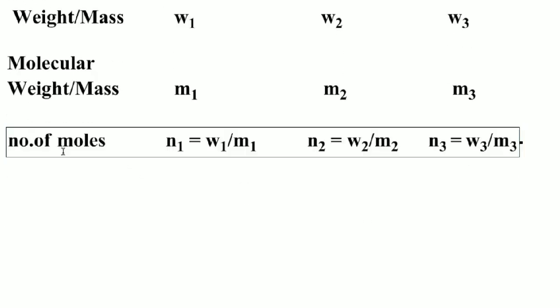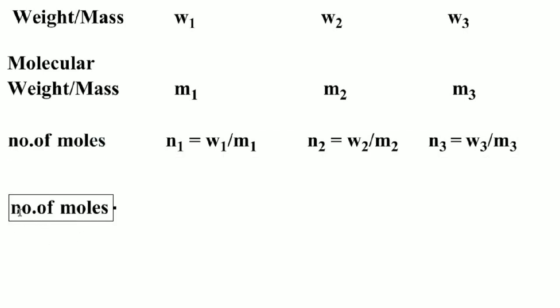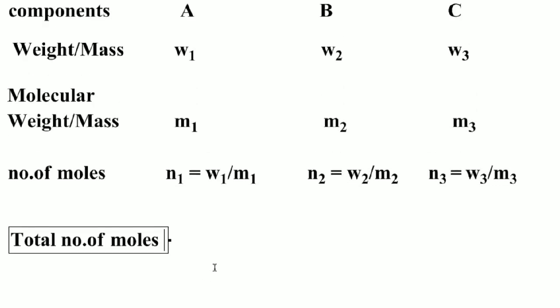And students, the total number of moles is the sum of the number of moles of components present in the solution. The present three-component system has A, B and C as the components.